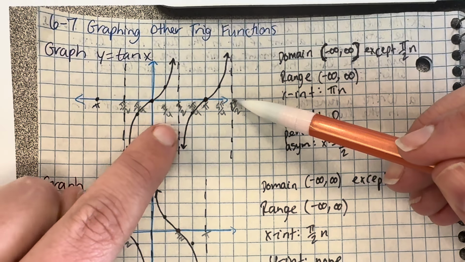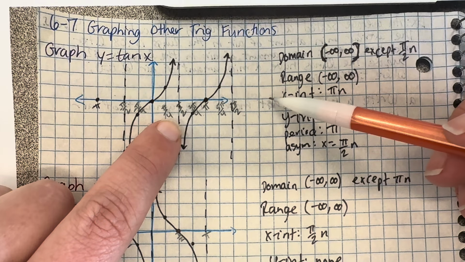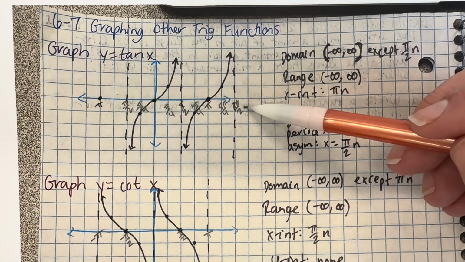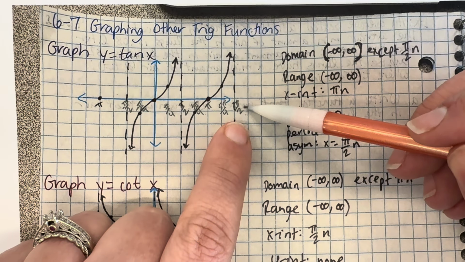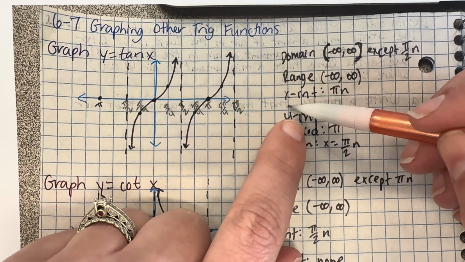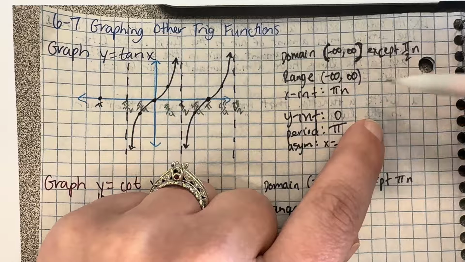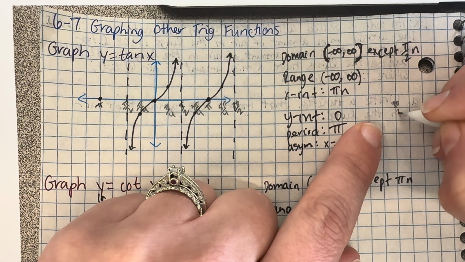So I'm going to continue counting. It looks like there's 1, 2, 3 spaces between. Actually, we'll count like this. Sorry, that is 3 pi over 2. That's 4 pi over 2. 5, 6, 7, 8, 9. So this is 9 pi over 2.